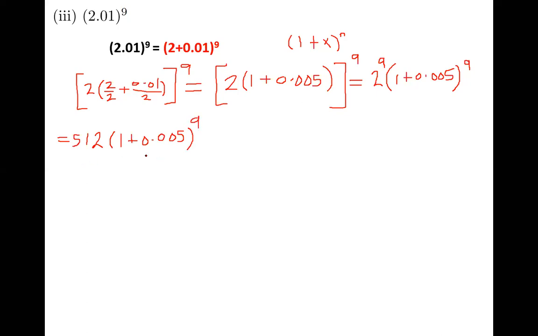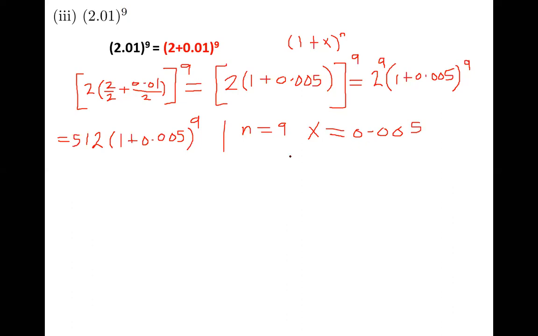Since we have achieved our format here, we now need to identify which one is our x and which one is our n. Of course, our n there is going to be 9, and our x is going to be 0.005.